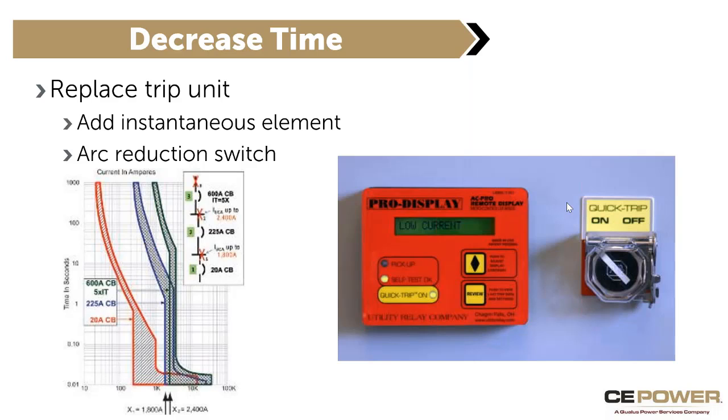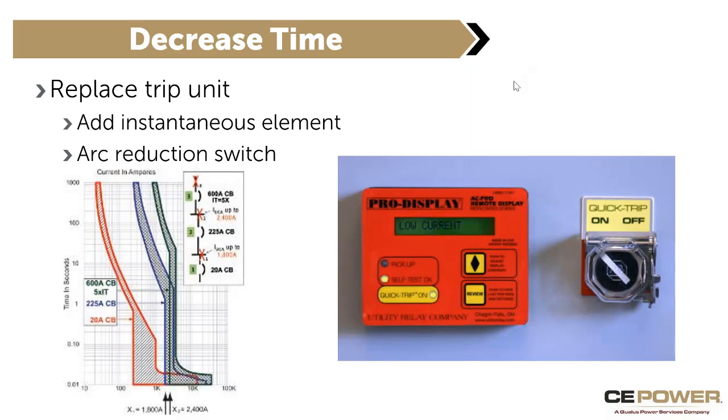And the thought is, in a maintenance mode, when you have work going on downstream, you're changing settings on a breaker, you have an outage going on, whatever the case may be, you could put the circuit in a maintenance mode. Obviously, you're going to be sacrificing coordination, but you're going to be opening that circuit a lot quicker in instantaneous mode.